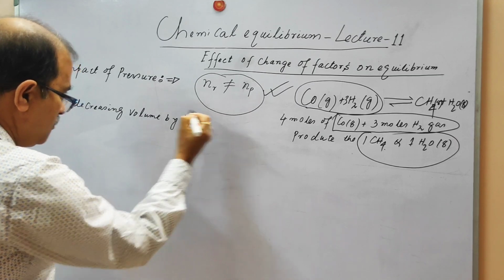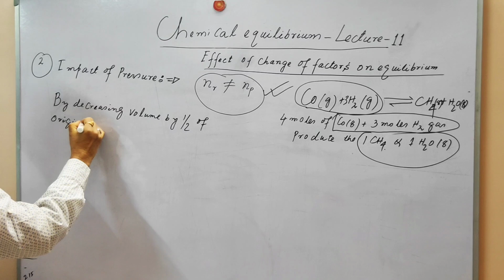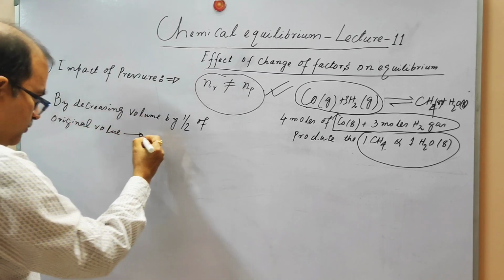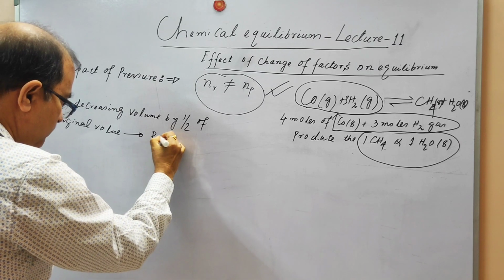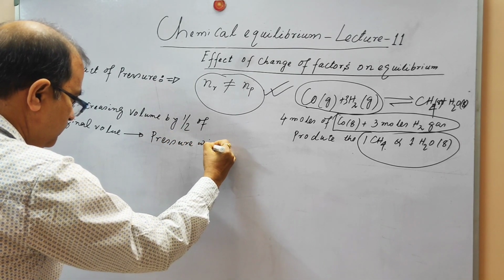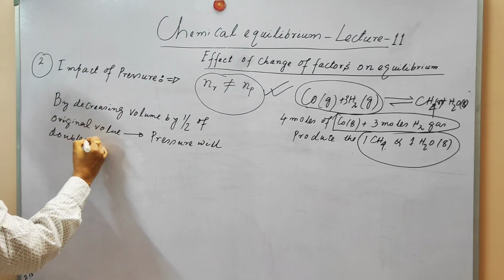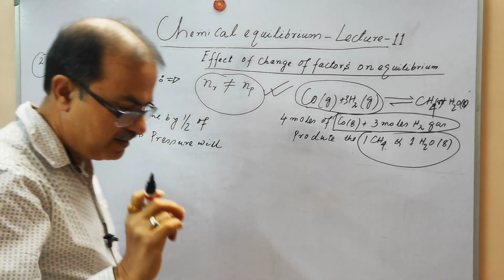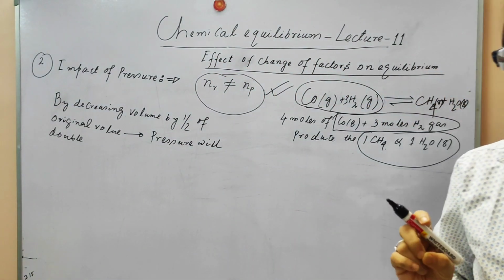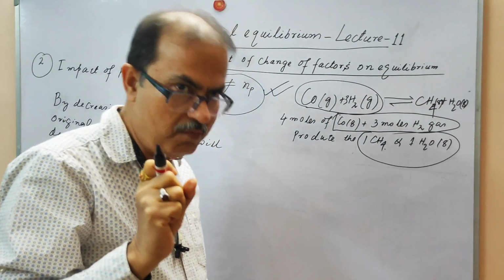So the pressure will be doubled, the partial pressure of the gases will be doubled, and accordingly the concentration of the reactants will be doubled.